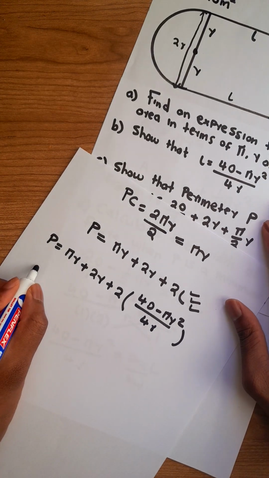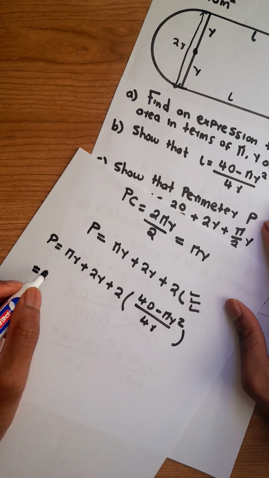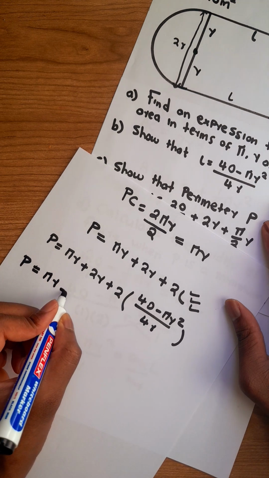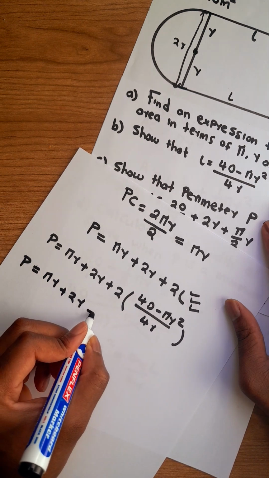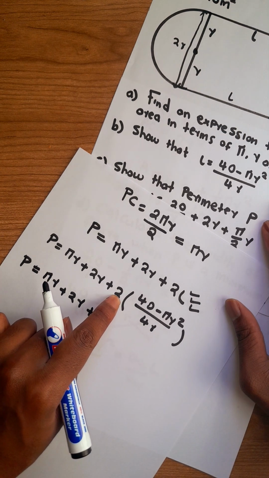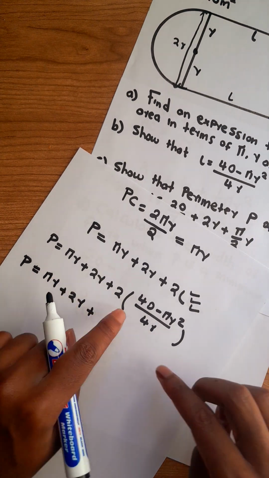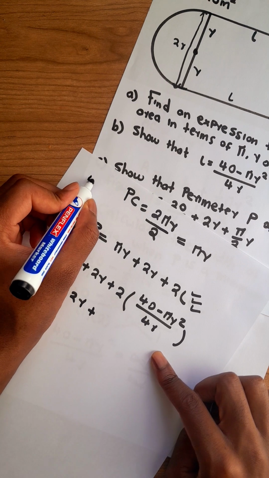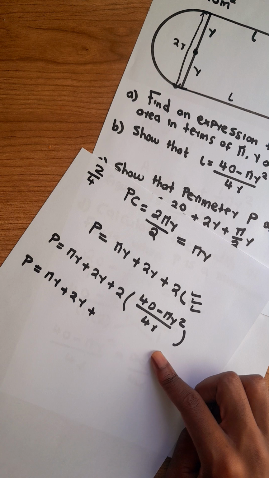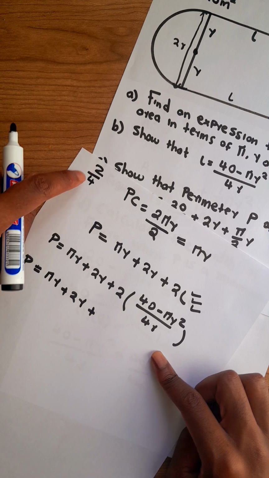And what do I end up having? I end up having P equals pi r plus 2r plus, you are going to have a situation of 2 divided by 4.